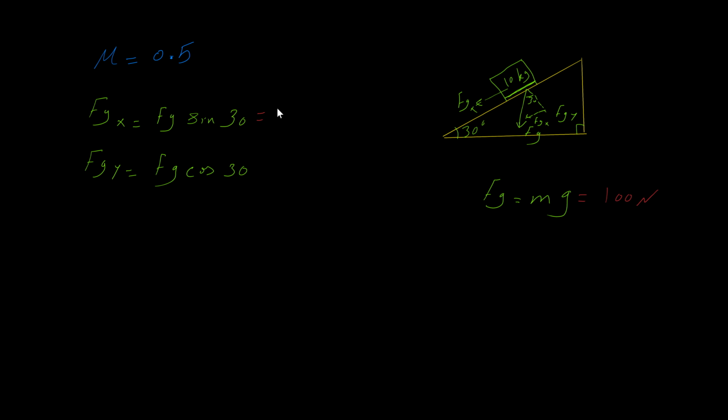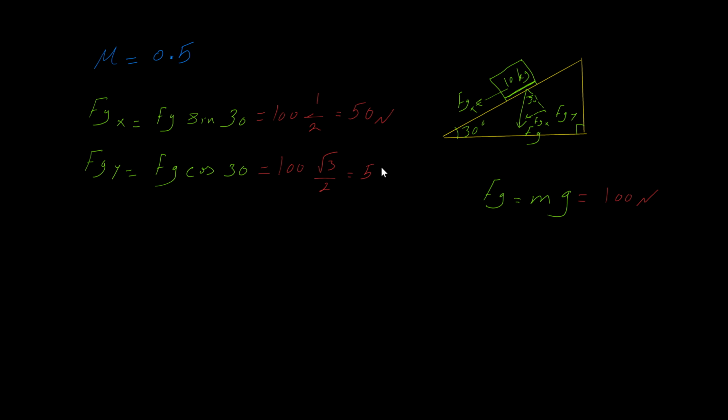So we plug in Fg 100, and sine of 30 is equal to 1 over 2. So the answer will be 50 newtons for Fgx. Now, the same way, 100 times cosine of 30, which is equal to root 3 over 2.